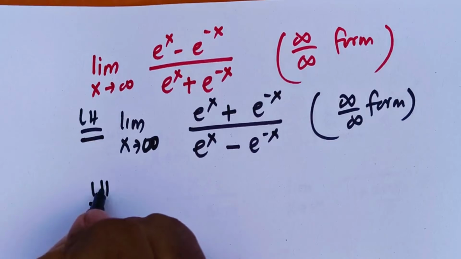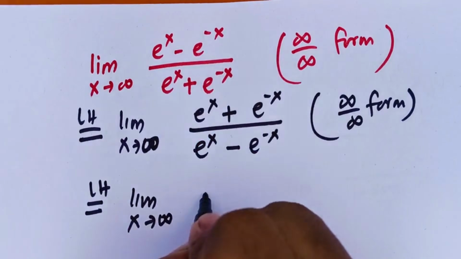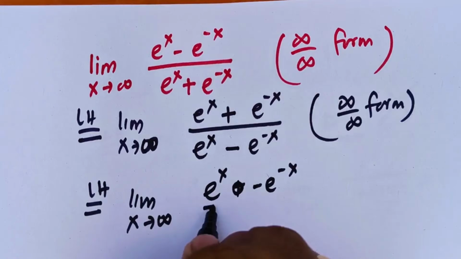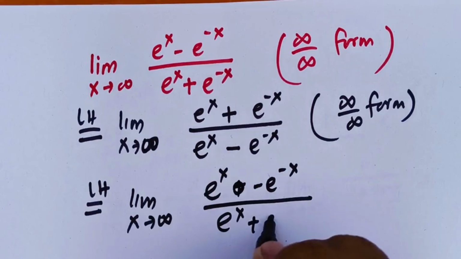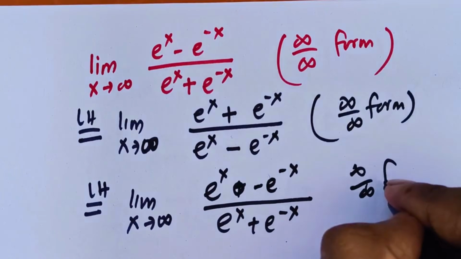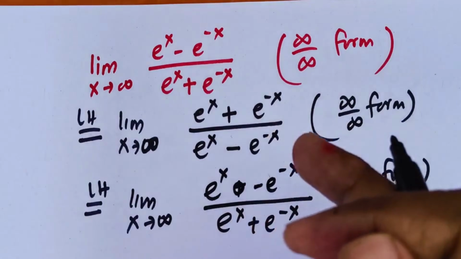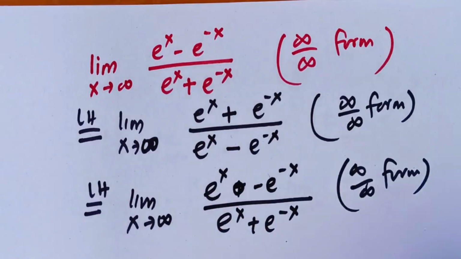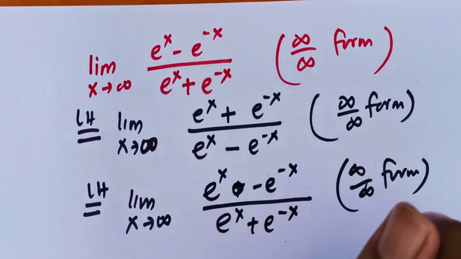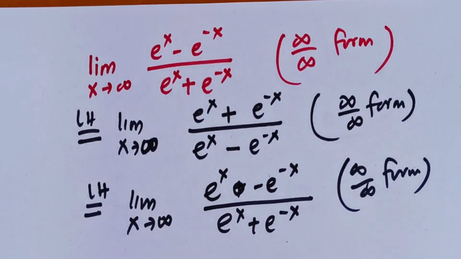Again apply L'Hopital. The derivative of top is e to the power x minus e to the power minus x, and the bottom is e to the power x plus e to the power minus x. This is again infinity over infinity form. Apply any number of times, you will just cycle around. So here L'Hopital's rule will not give you any answer. What will we do?